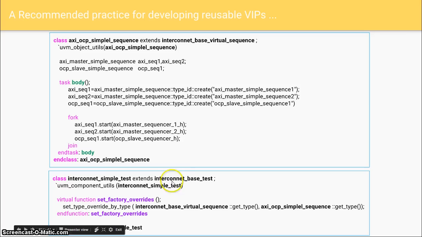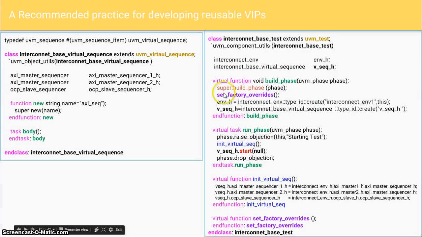So in this test, which is extending from the base test, we are overriding the inbuilt type of the base virtual sequence with the new virtual sequence we have created here. So here, before the build phase function, we are calling an empty function in the base test, which is set factory override, and that particular function was filled in the new test.